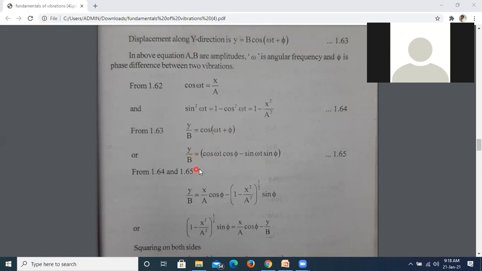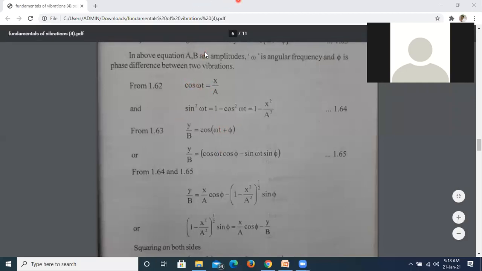So y by capital B equals cos omega t cos phi minus sin omega t sin phi. But we already have cos omega t equal to x by A, and sin omega t equal to the square root of 1 minus x square by A square. Let us substitute the cos omega t and sin omega t values in this third equation.